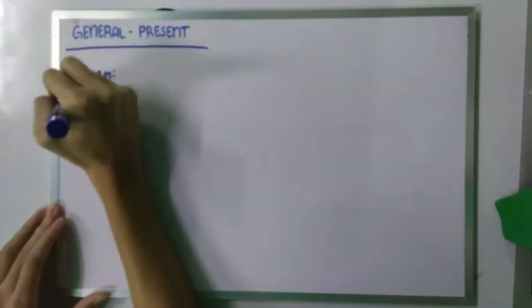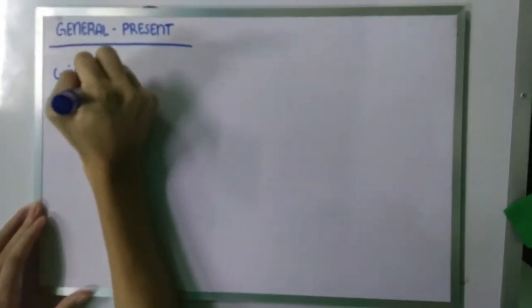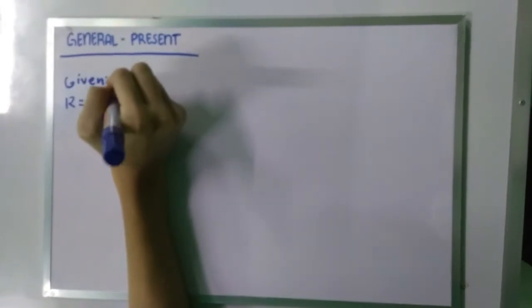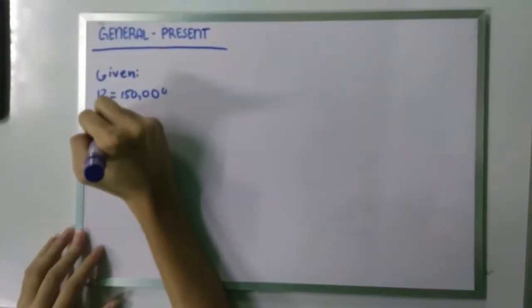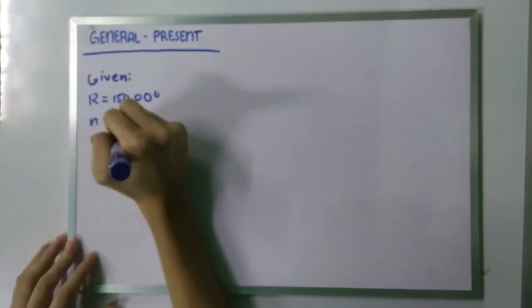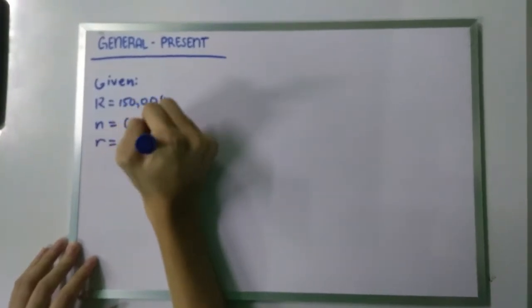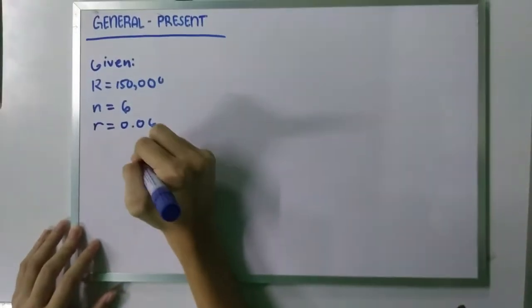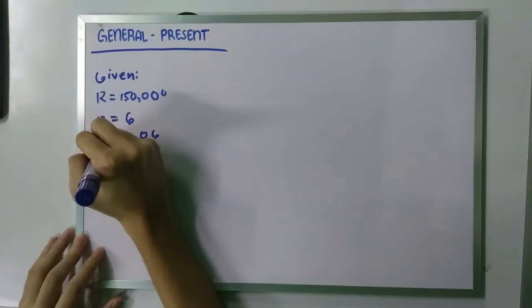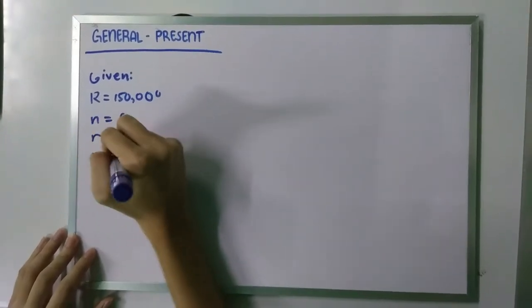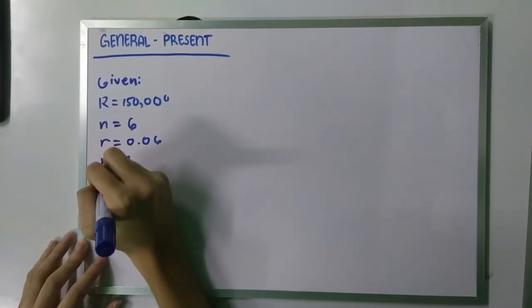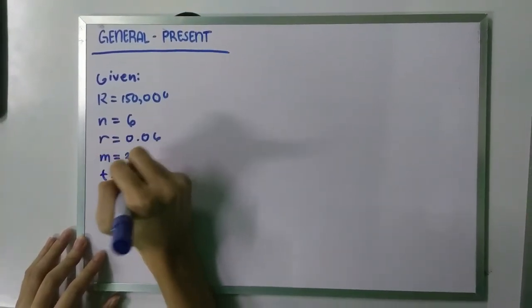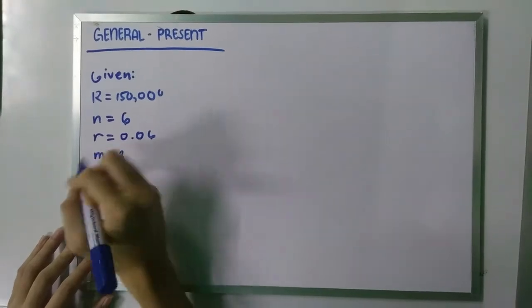First, we need to locate the given. We have R is equal to 150,000, n is equal to 6 because it is paid every 2 months. r is equal to 0.06 because we move the decimal place twice to the left. m is equal to 2 because it is compounded semi-annually, and a time of 3 years.